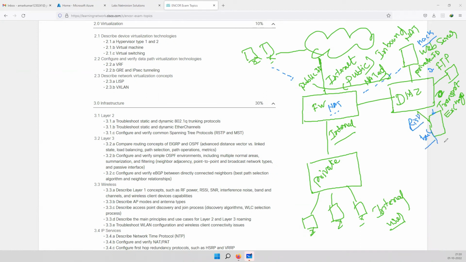They have agreed that on each DMZ there is a risk if there is any vulnerability. But the critical and confidential services we put in the private zone, where we would have an Active Directory server and the databases.